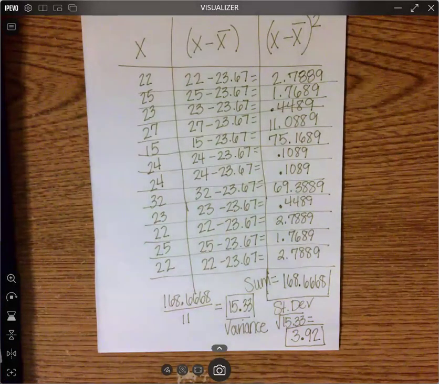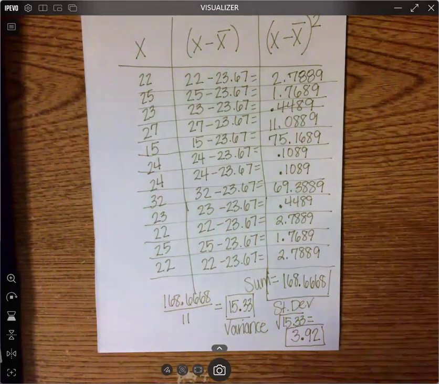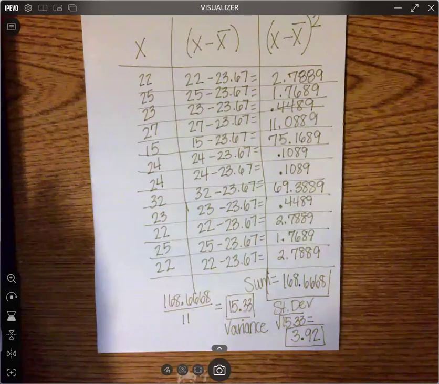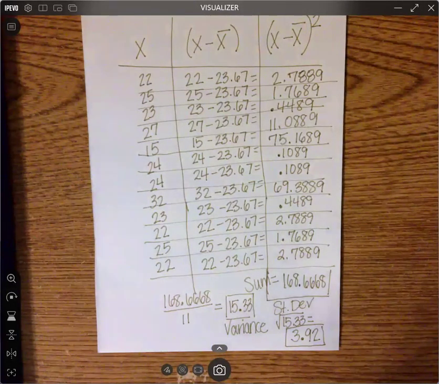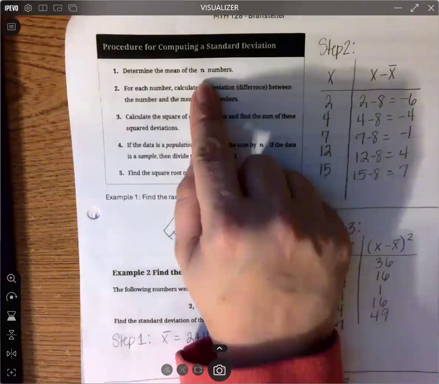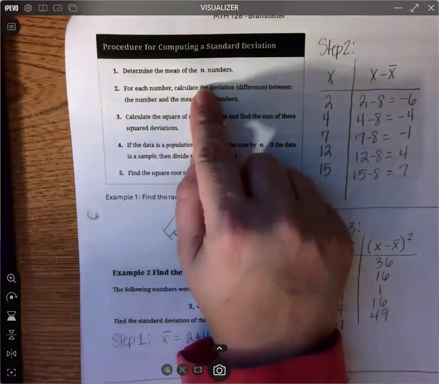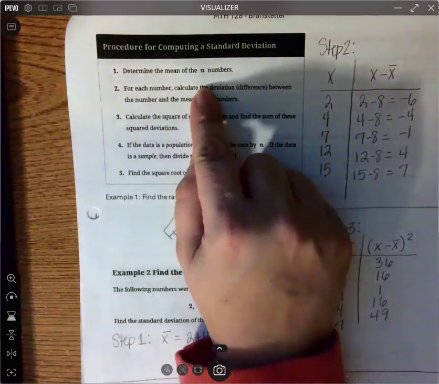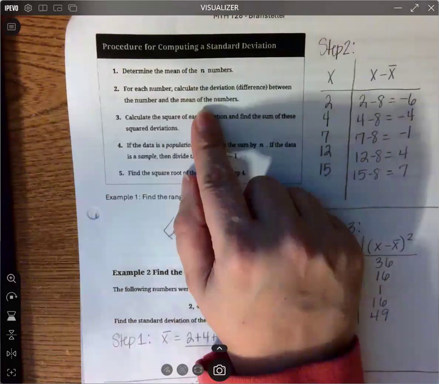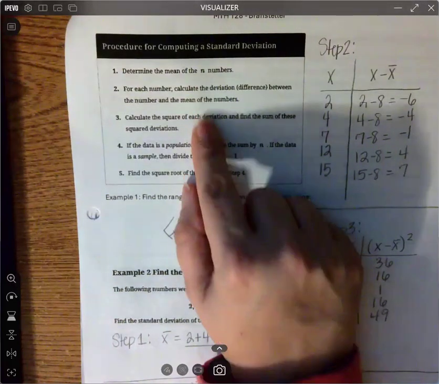So let's talk through the 5 steps one more time. I'm going to put them back up. You need to pause the video and jot them down. Now would be a good time. Number 1, determine the mean of n numbers. Number 2, calculate the deviation or difference between the number and the mean.